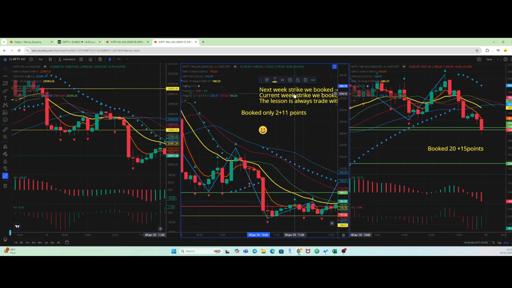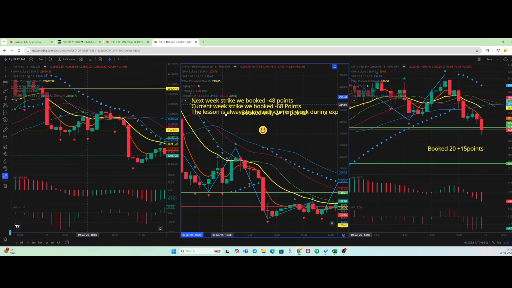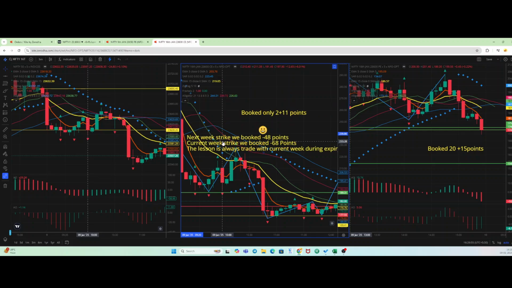So this is the lesson. Though it is a very low premium, the current week strike itself gives a lot of premium, and we are able to capture more points.